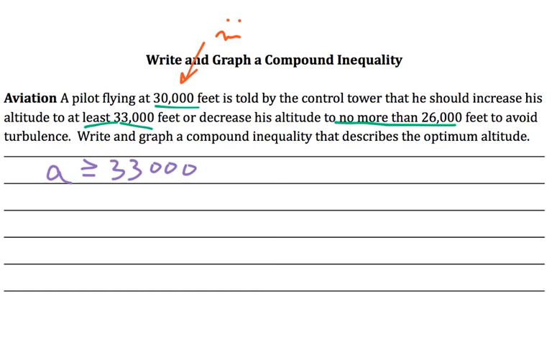But then at the same time, it has to go to no more than 26,000 feet. So in between this 26 and 33,000 range, it's a problem. To communicate no more than, it has to be less than or equal to 26,000. I think it's okay being at that point.